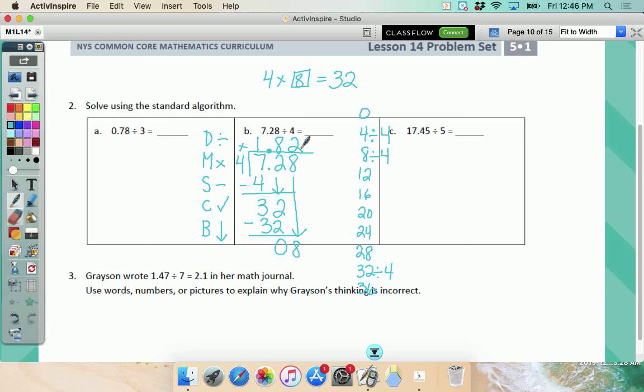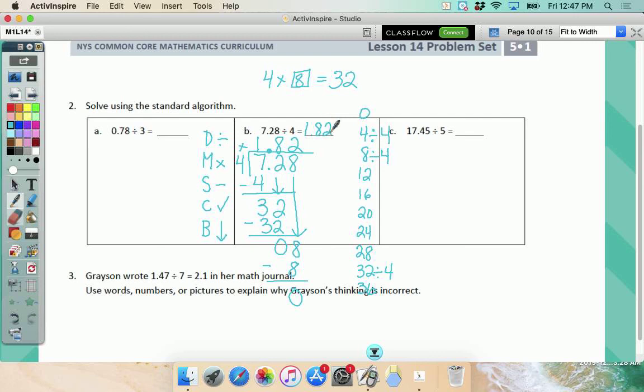What do I do now? Multiply 2 times 4 equals 8. Okay. Then what do I do? You subtract. Okay. Do I equal 0? Do I still have to check? Yes. Is my remainder less than my divisor? Yes. And there's nothing left to bring down, so I have an answer.